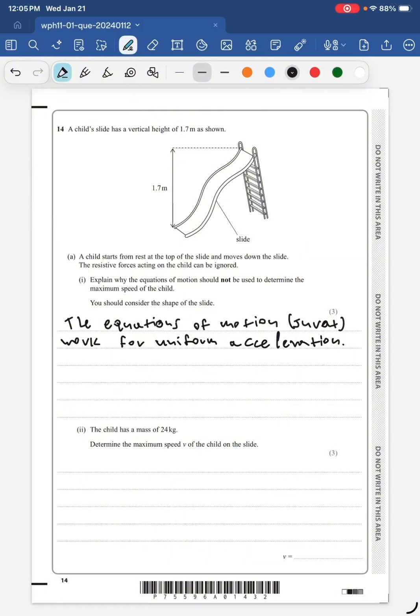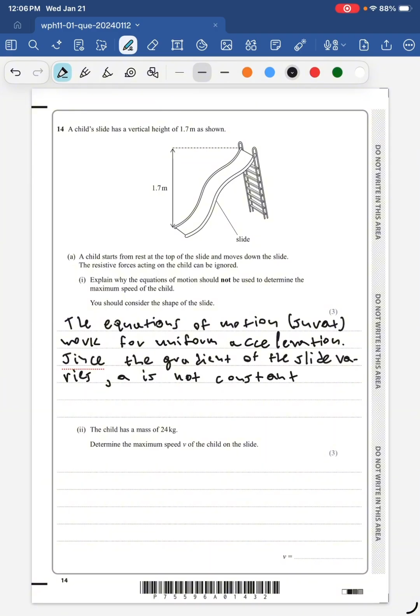Since the gradient of the slide varies, a is not constant. So we cannot use SUVAT equations. Okay, and that's the answer.